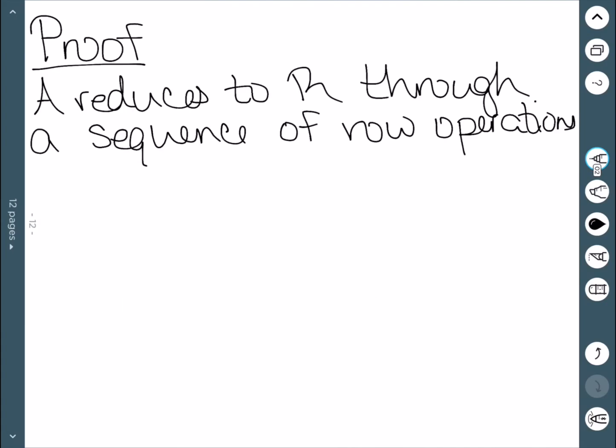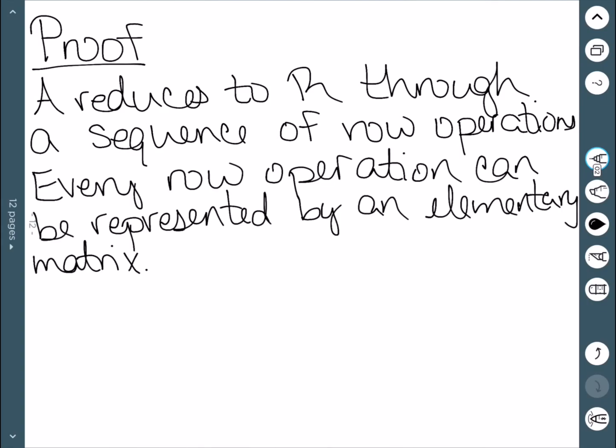If we denote this reduced row echelon form of matrix A by R, then we know that A reduces to this matrix R through a sequence of row operations. We also know that every row operation can be represented by an elementary matrix, in particular a product of elementary matrices.